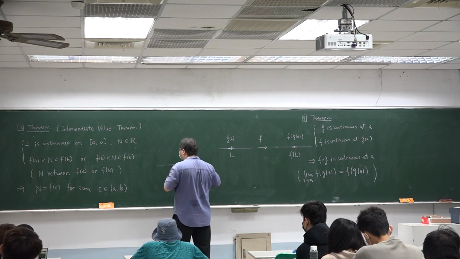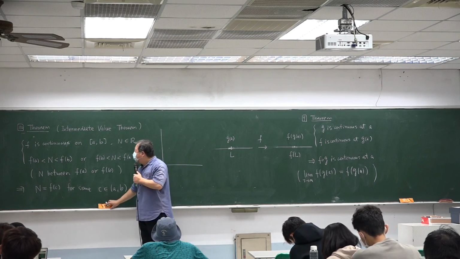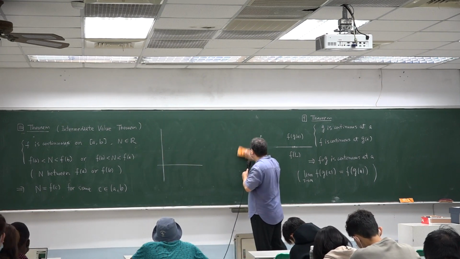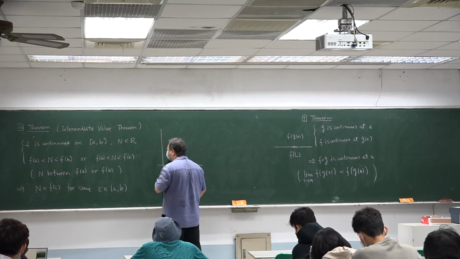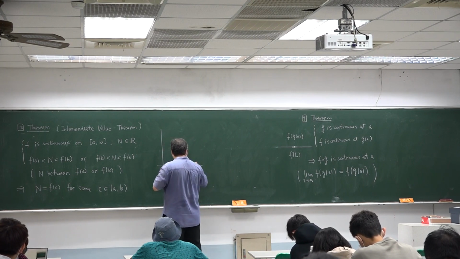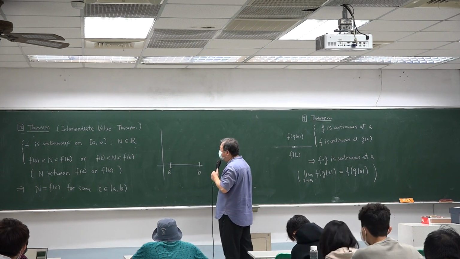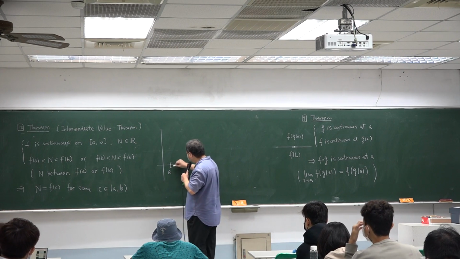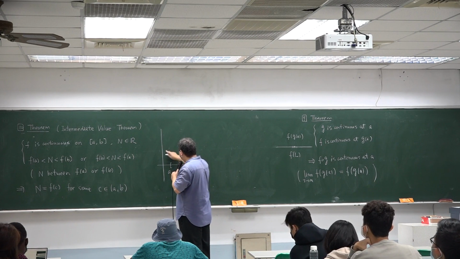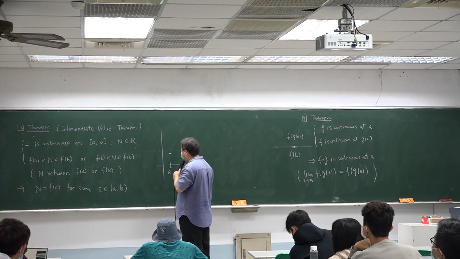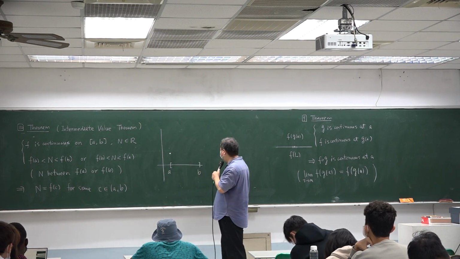The geometric interpretation, or you can realize this by this graph. Here we have a closed interval, A and B. F is continuous on this interval, so f is defined at A. The graph of f has a value at A, which means there is a point on the graph of the function f also.